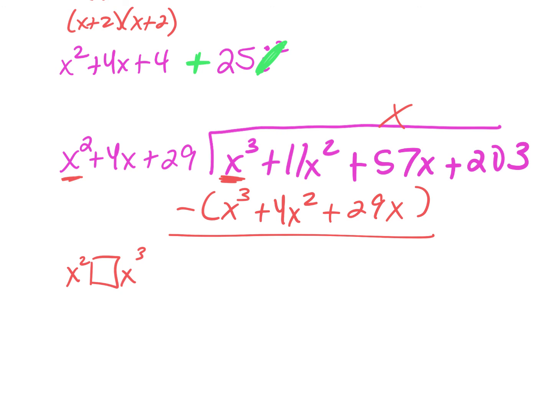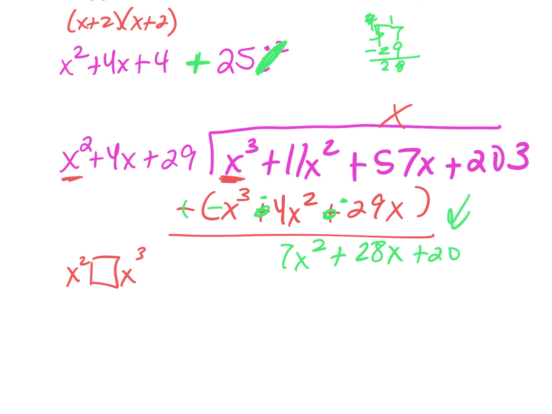Before you can subtract, what do you need to do? Distribute, distribute, distribute, distribute. What is 57 minus 29? So I have 28x. What's 11x squared minus 4x squared? 7x squared. And then I bring down my 203, right?